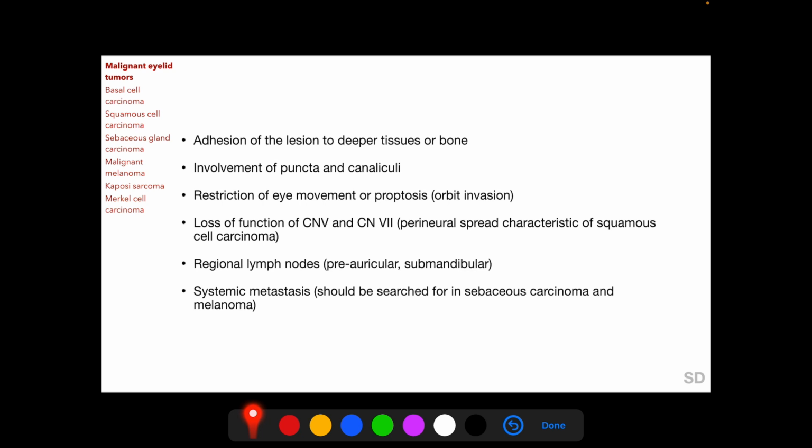Clinical features which suggest that the lesion is malignant and is in an advanced stage include adhesion of the lesion to deeper tissues or bone, involvement of the puncta and canaliculi, restriction of eye movement or proptosis which suggests orbit invasion, loss of function of the fifth cranial and the seventh cranial nerve which occurs with perineural spread characteristic of tumors like squamous cell carcinoma, regional lymph node involvement, particularly the preauricular and the submandibular lymph nodes, and presence of systemic metastasis which should actually be searched for in tumors such as sebaceous gland carcinoma and malignant melanoma, which are known to be invasive.